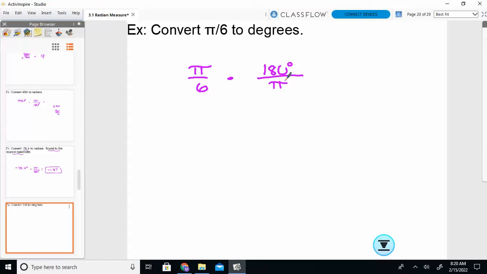We have radians, we want the radians to cancel, so we just put the radians on the bottom. So my pi's drop out. I'm left with 180 divided by 6, 30. Now, if I write that, I'm wrong. Why? You didn't put the degrees on. Yes, you have to have your degree symbol.